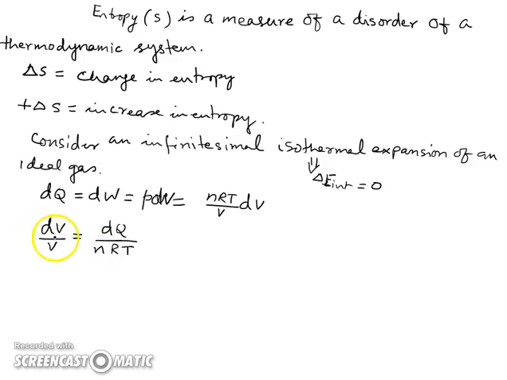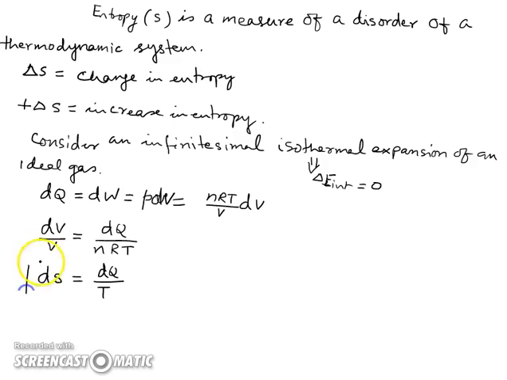Thus, dV over V is a measure of the increase in disorder, and the equation shows that dV over V is proportional to dQ over T, right? n and R being constant for a given amount of gas, right? So I can take this dV over V as my change in entropy and take the constant as 1, and we can say this is dQ over T.